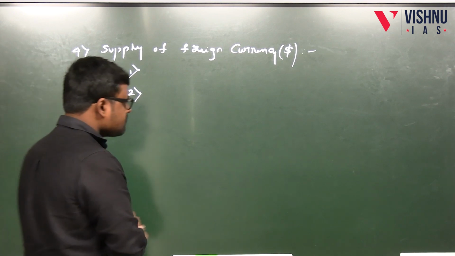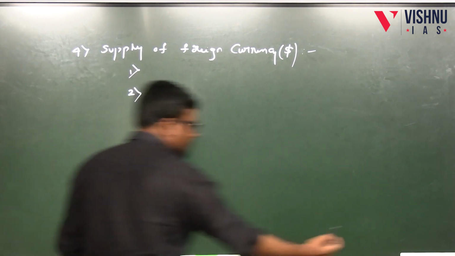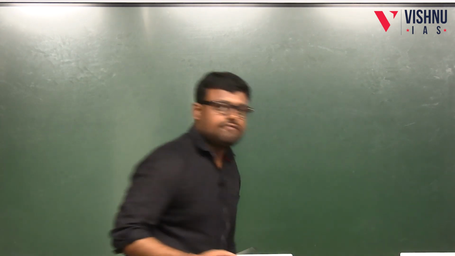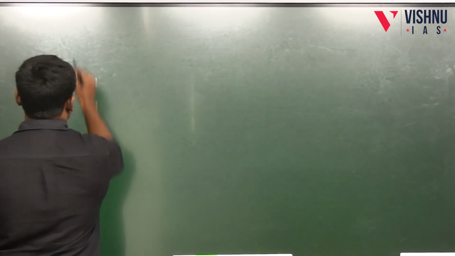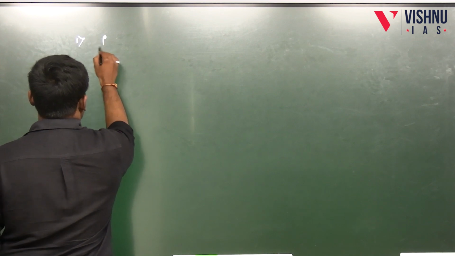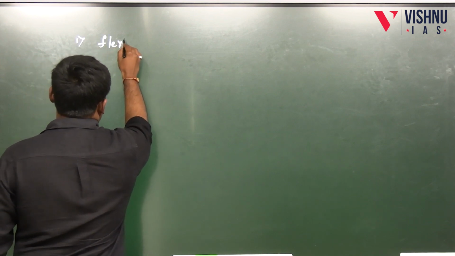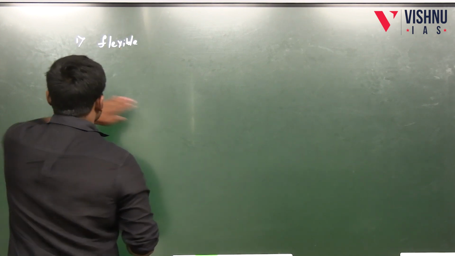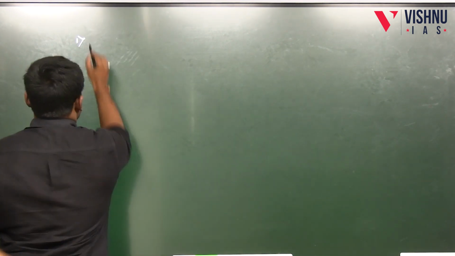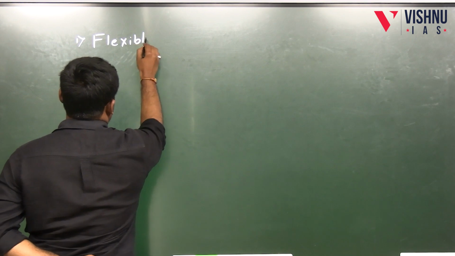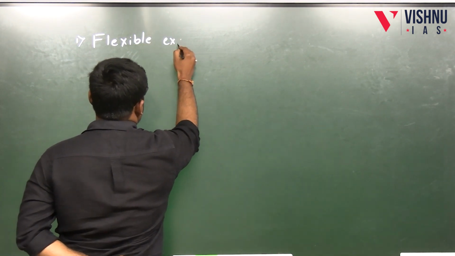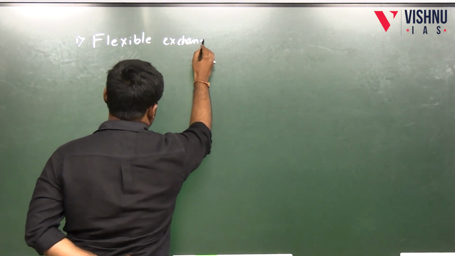Fine. Students, basically there are three types of exchange rate systems. So the first one is flexible exchange rate system.